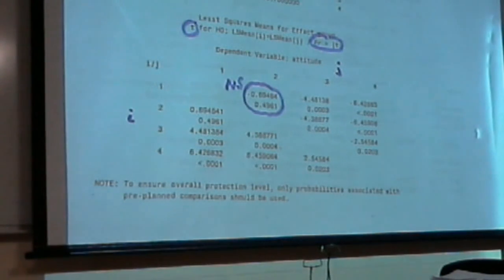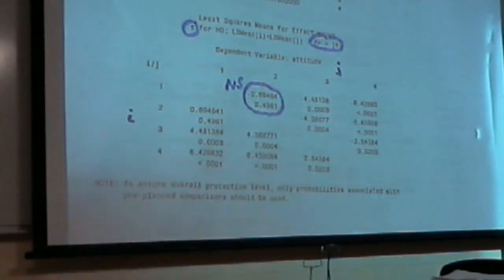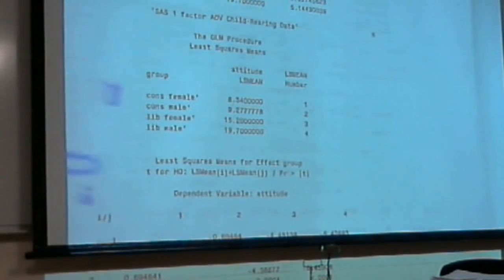Okay. So that table was the same as the kind of table we produced with the other example from the least squares means command.